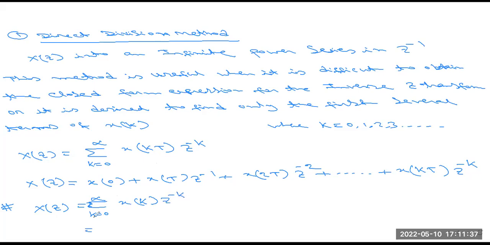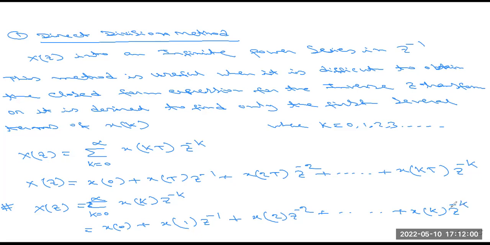Now we put different values of k: x of 0 plus x of 1 z inverse plus x of 2 z inverse 2 plus dot dot, plus x of k z inverse k.